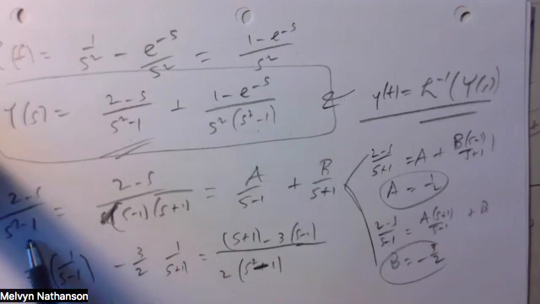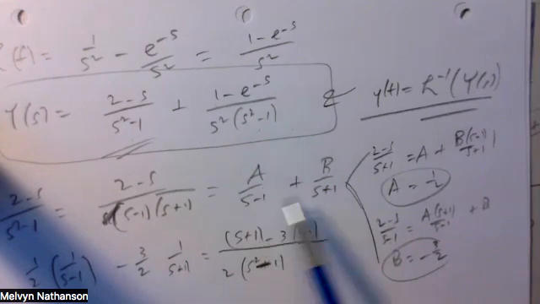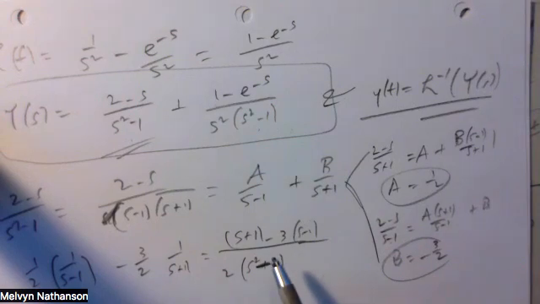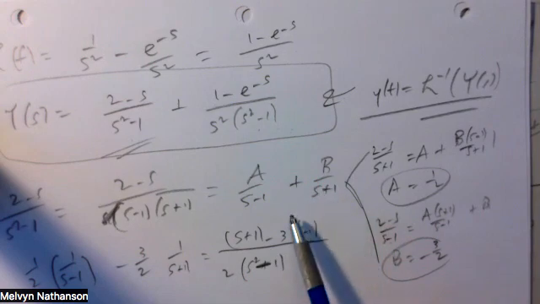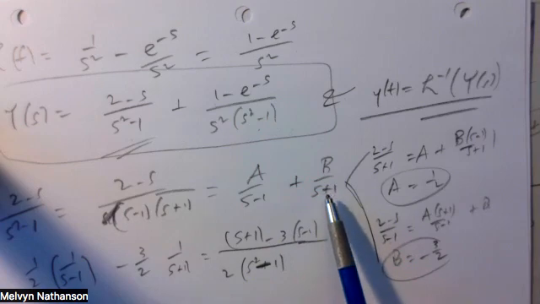(2 minus s) over (s squared minus 1) is going to be a over s minus 1 plus b over s plus 1. So if I multiply by s minus 1 and I let s equal 1, I get a is equal to a half. If I multiply by s plus 1 and let s equal minus 1, I get 3 over minus 2.